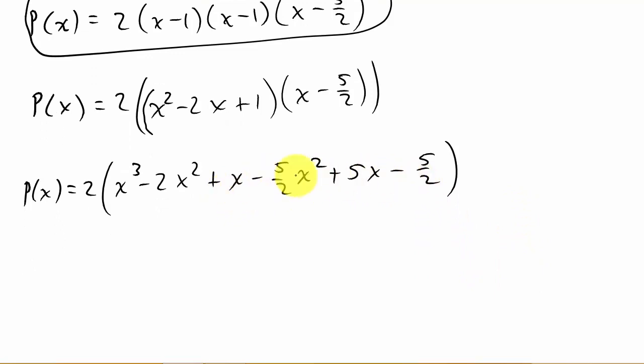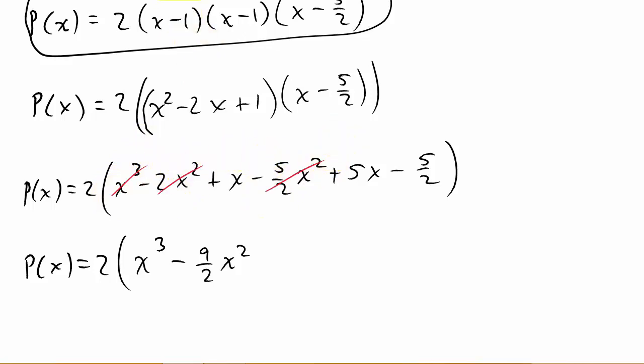Then we'll combine like terms. So p of x is equal to 2 times, x cubed, and then I've got negative 2x squared minus 5 halves x squared, which gives me negative 9 halves x squared, and then x plus 5x is 6x, and then minus 5 halves.